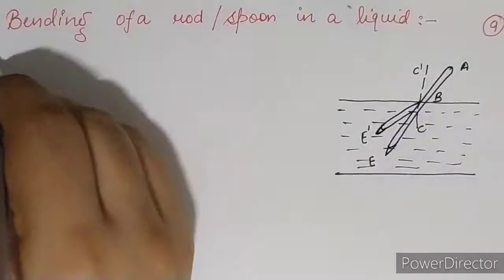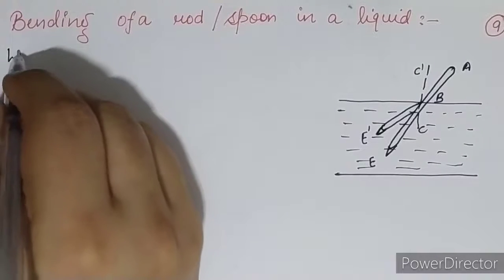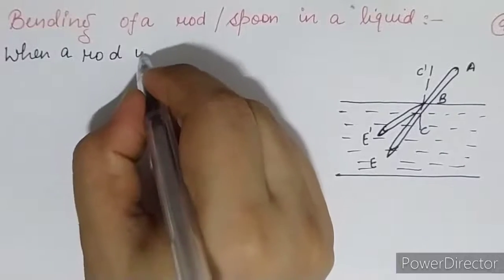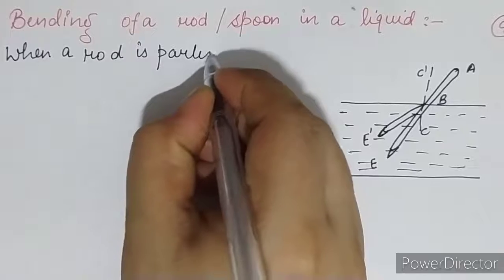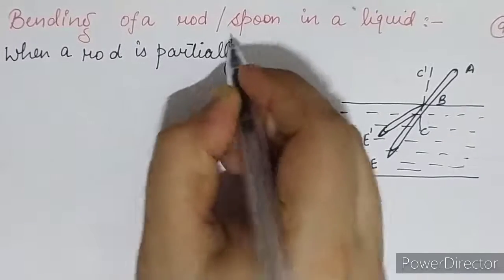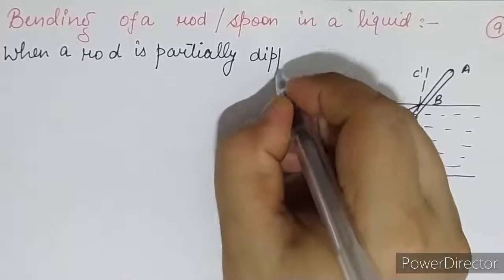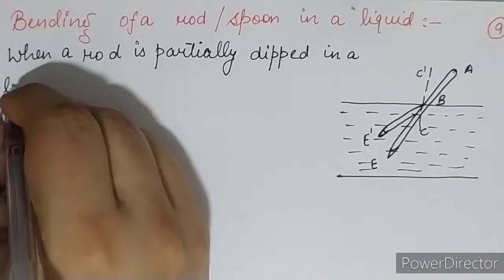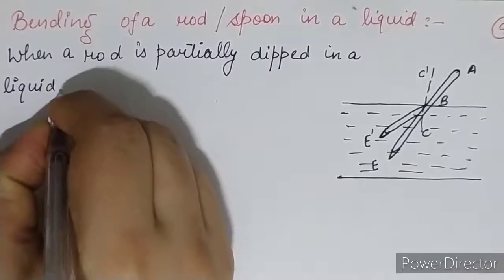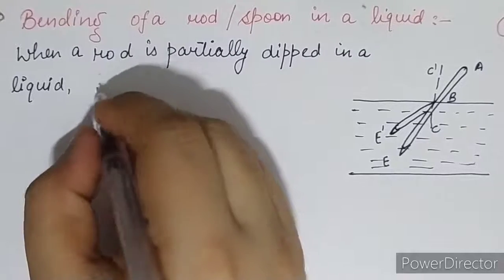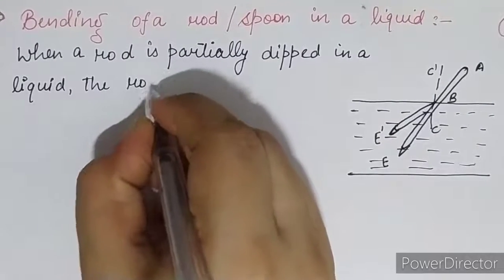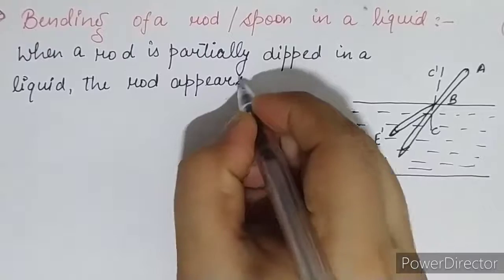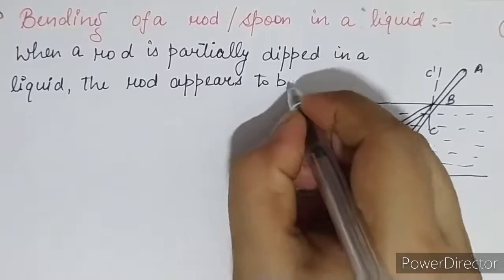So when a rod is partially dipped in a liquid, the rod appears to be bent.